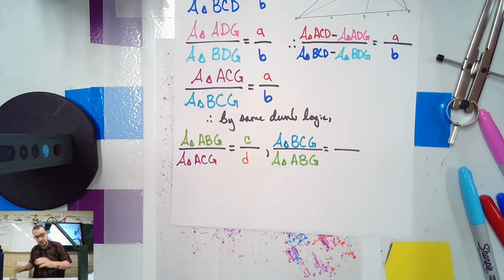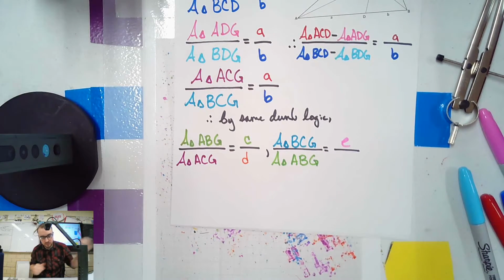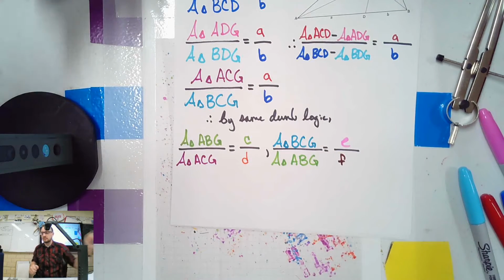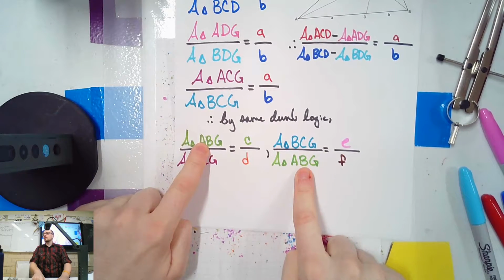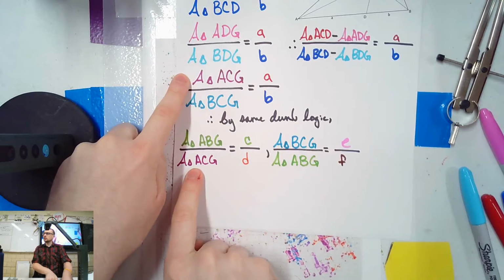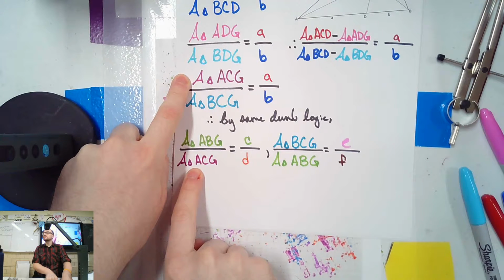That should go with E and F. Let's use pink and brown. So if you notice, I've got green on top and bottom. I've got blue on top and bottom. And I've got this maroon, chartreuse, burgundy on top and bottom.